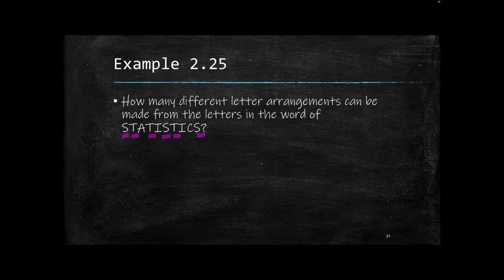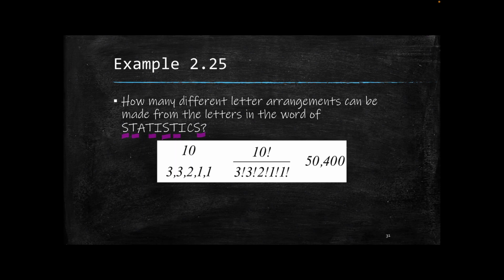And then the letter I appearing 2 times. So we have 3 factorial for S, 3 factorial for T, 2 factorial for I, and then 1 factorial for A and C. Then 10 factorial divided by the number of factorials equals to 50,400 arrangements.